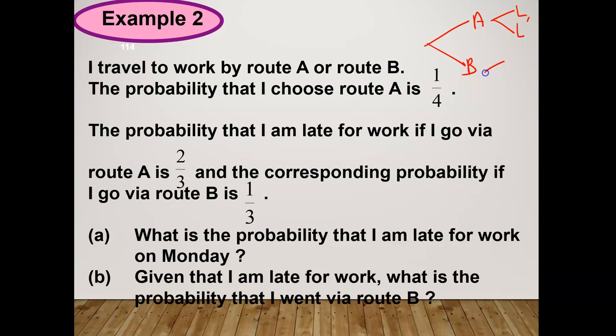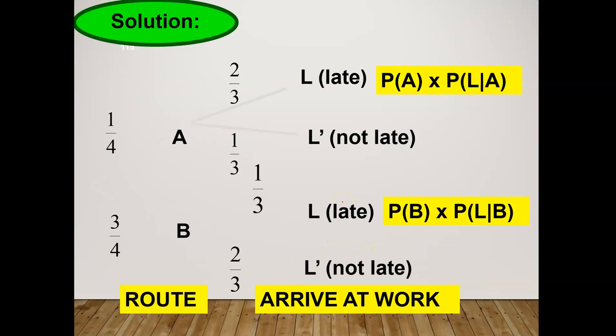Or if you choose route B, there will be a probability that you are late or didn't late. Didn't late, I put L apostrophe up there. Okay, so this is very easy. What is the probability that I am late for work on Monday? Okay, and then B, given that I am late for work, what is the probability that I went via route B? So this is the tree diagram.